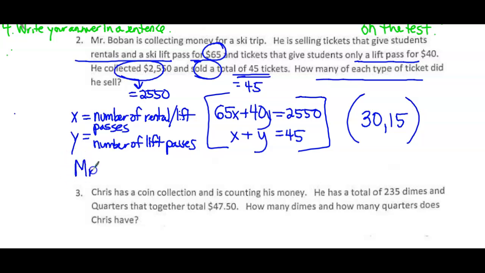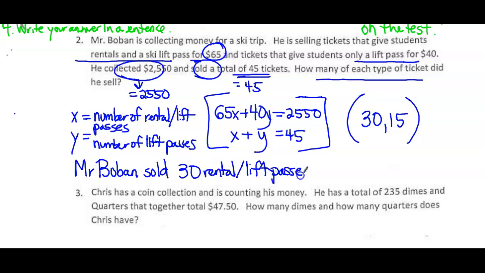Mr. Bobin sold 30 rental / lift passes and 15 lift passes.